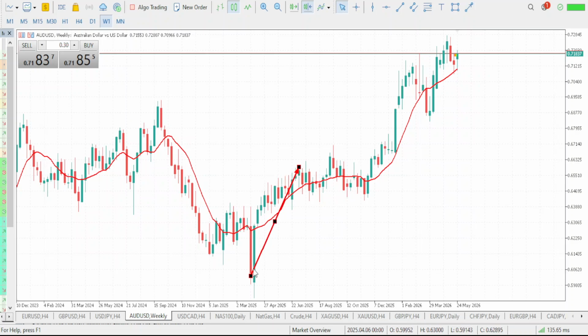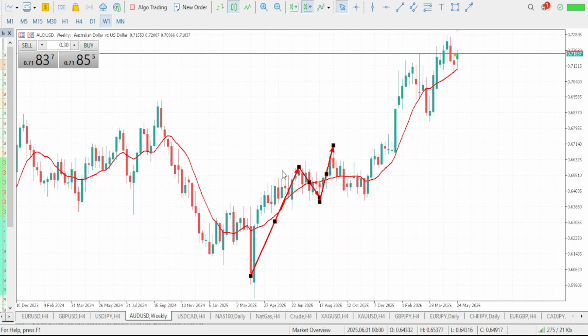With this impulsive move, if you go down to either your 4-hour time frame or daily time frame, you will see a series of higher high and higher low, which the market was literally giving us. Then this is a pullback phase, which is a series of lower high, lower low, and a lower high. Then if you also see this movement, the market did push up again and give us another impulsive move.